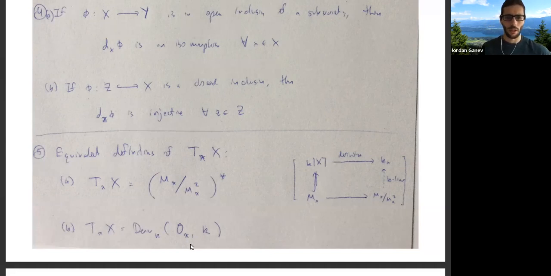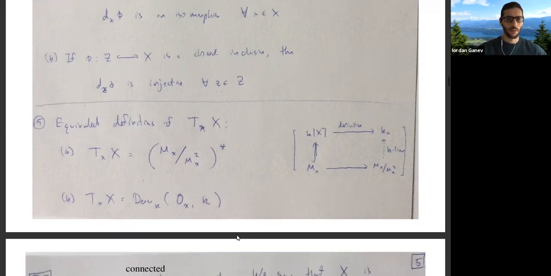It's obtained by localizing the affine algebra at everything outside of this maximal ideal M. We talked about localization procedures in the first lecture, and that has a unique one-dimensional module because it's a local ring, so it has a unique maximal ideal. When we quotient, you get just K, and these derivations give you another definition of the tangent space.